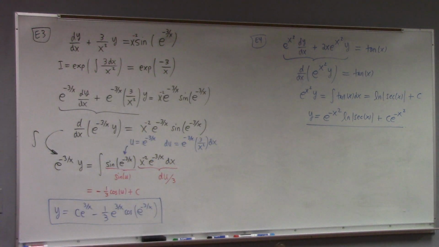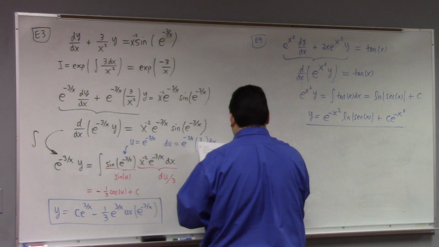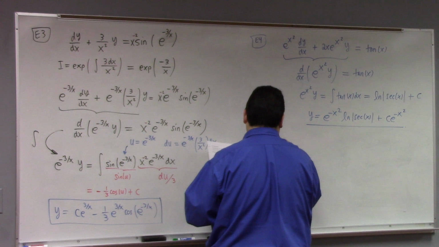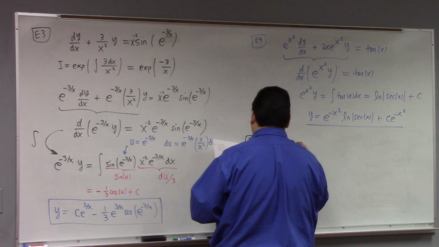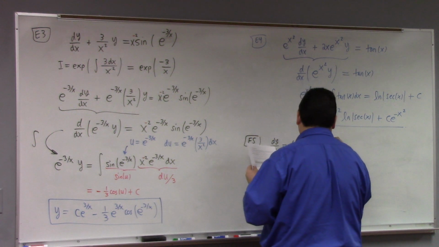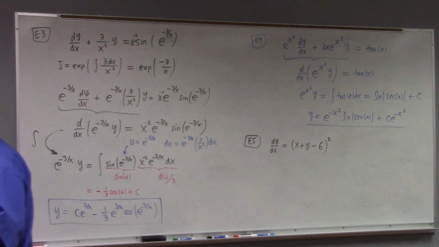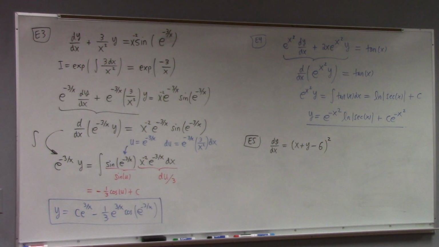How would you solve dy dx equals x plus y minus 6 squared? We're in my section 5 right now, which is page 13 of my first order article, if you're wondering.